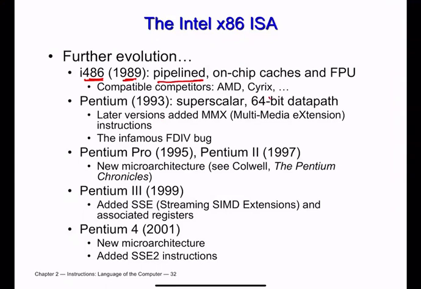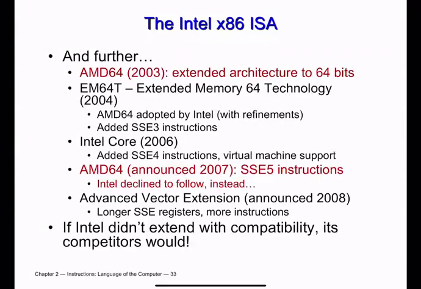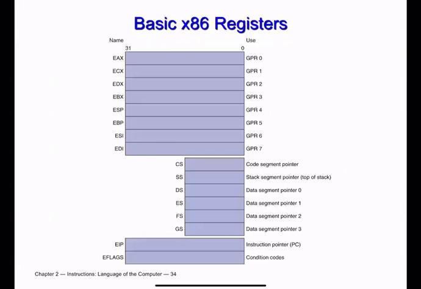And then superscalar, expanded to a 64-bit data path with the Pentium in 1993. And then Pentium Pro in 95, Pentium 2 in 97. Then in 1999, we have the Pentium 3, and then Pentium 4 in 2001, and so on and so forth. You can go over these kinds of things by yourself. Again, this is just for your information. We are not expecting that you would remember these kinds of things.